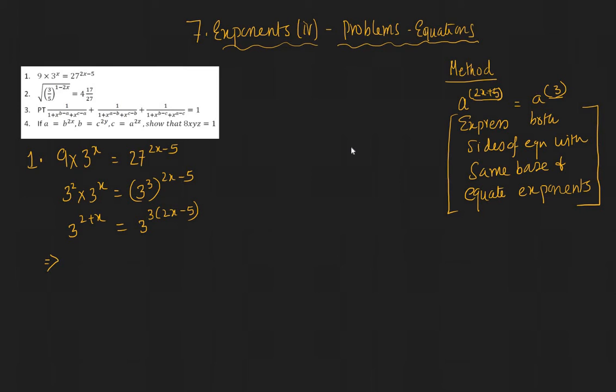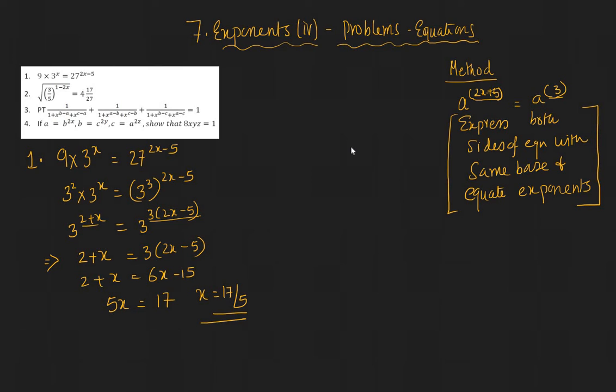This implies that both your powers or indices are same. So 2 plus x should be equal to 3 into 2x minus 5. That's 6x minus 15, or 5x equal to 17, or you have x equal to 17 by 5.